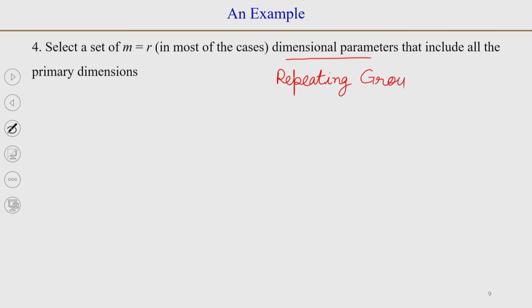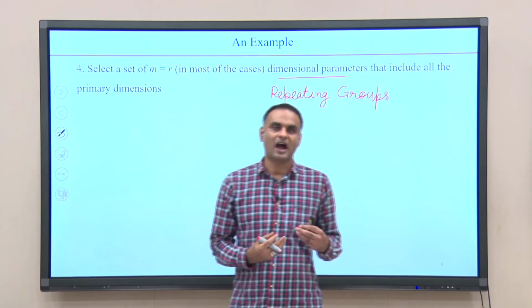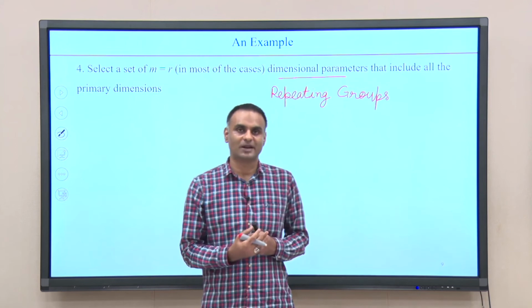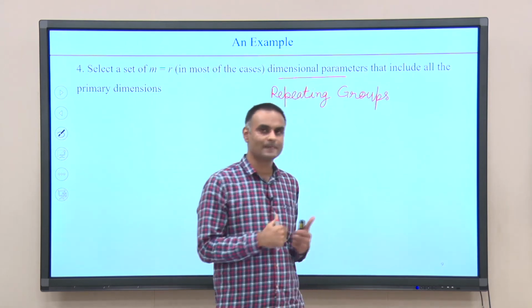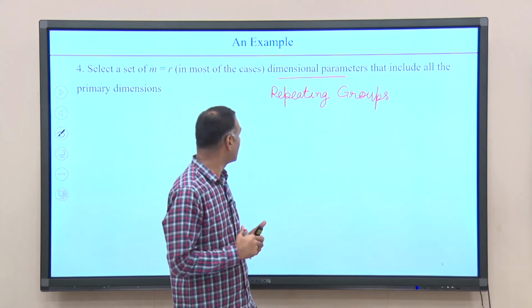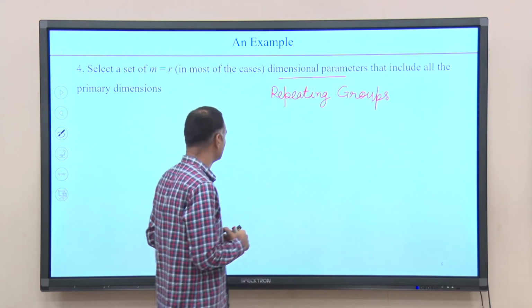So, if you are given all the parameters that affect a particular physical quantity, then after you have selected all those parameters, the most important part of the analysis is this: how do you find the repeating groups.